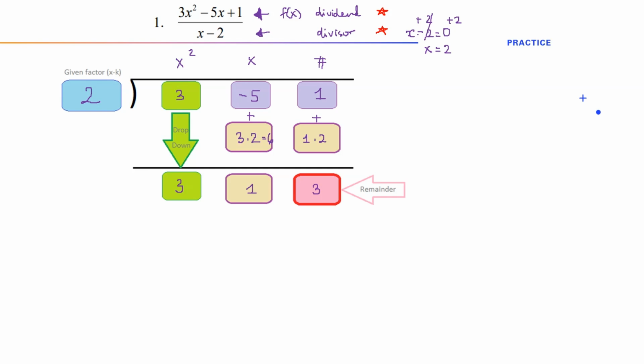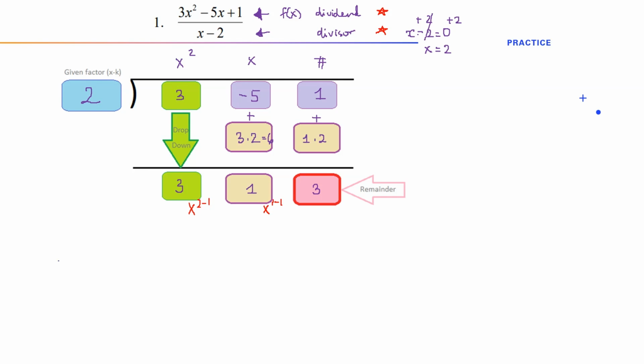So x squared becomes x, because 2 minus 1, right? And the x column becomes x to the 1 minus 1. And the remainder, how do we write the last term for that?